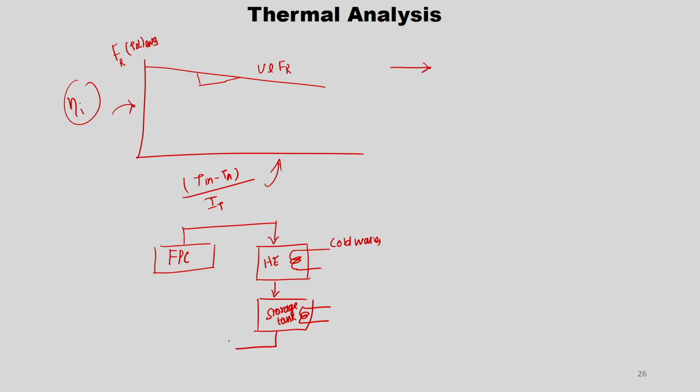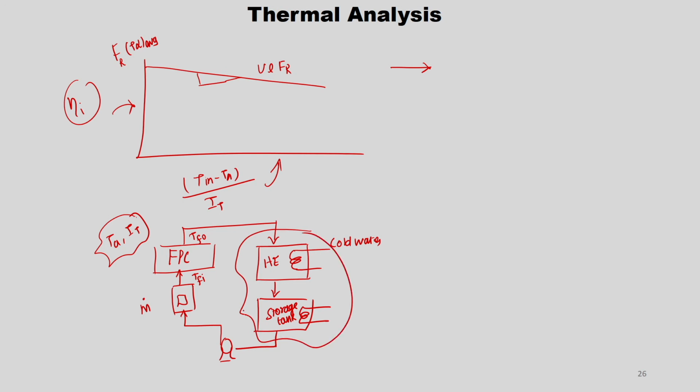This has to be pumped, go to the flow meter and go to the FPC. With the flow meter you measure m dot. Here you measure with temperature sensors T_fi, T_fo, and T_a, I_T you measure using a pyranometer, and the ambient temperature is also measured. This is the particular arrangement. Even with the pump you can also use one bypass valve to adjust the flow rate.